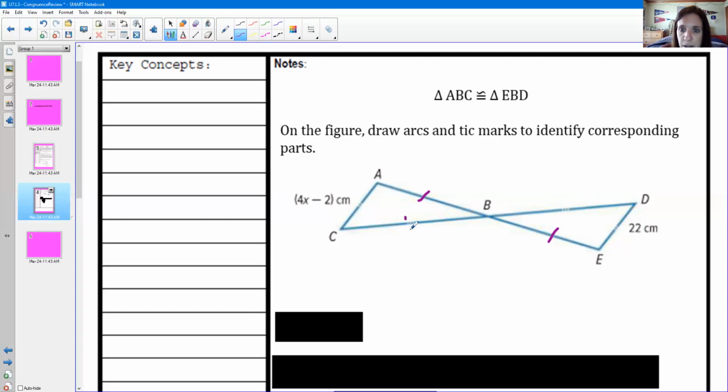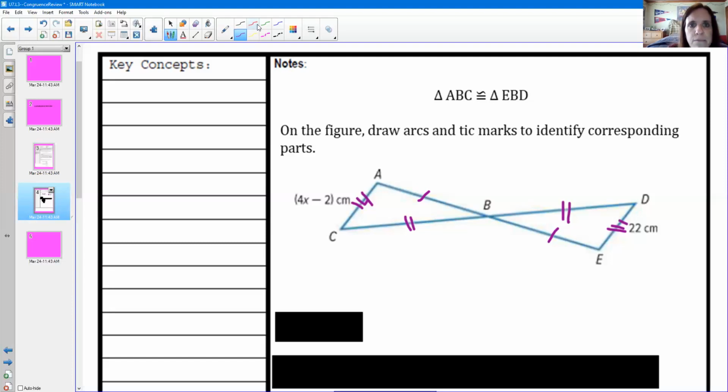Side CB then is congruent to DB with that rotation. And then the outside sides, CA and ED. Okay, so there's my tick marks.